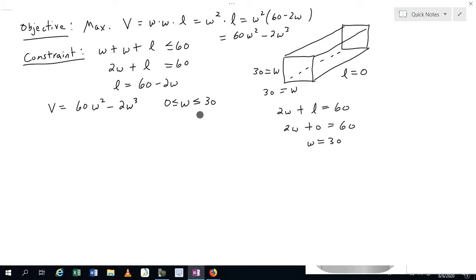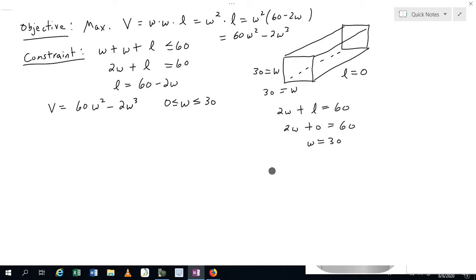How do you find the absolute maximum on some closed interval? Well, remember, absolute maximums can either occur at the endpoints or at critical points in the interior of the domain.